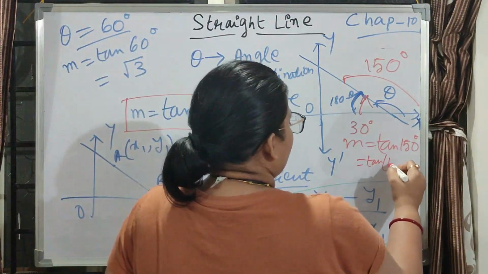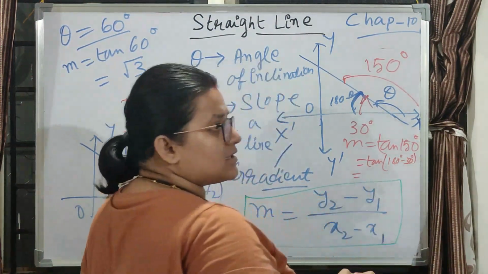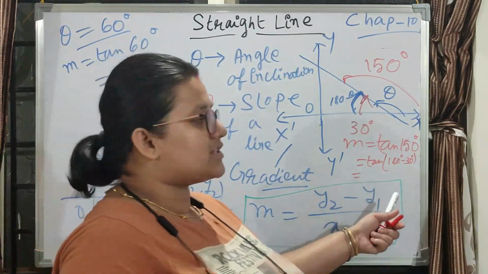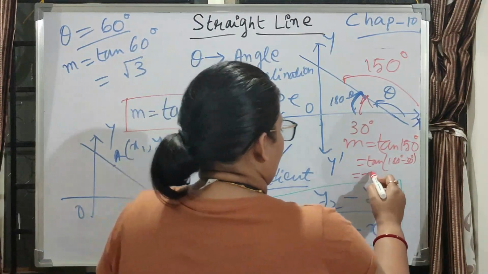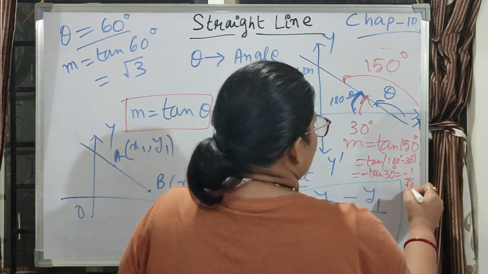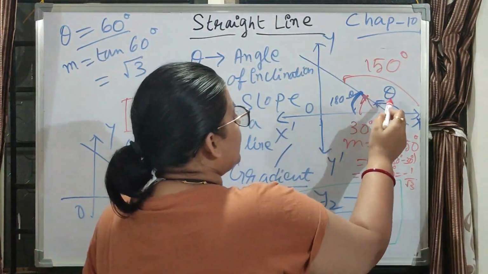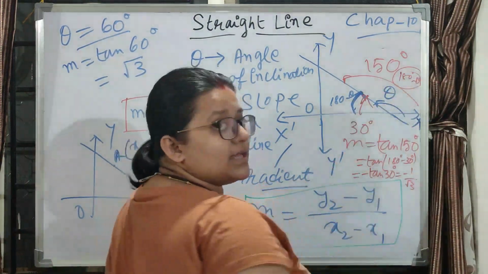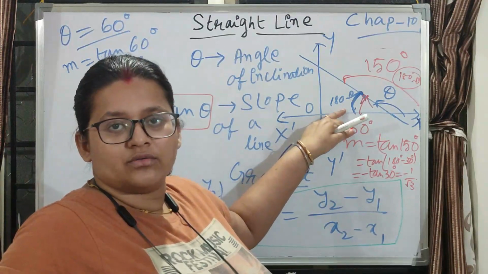Tan of 180 minus 30 degree. We know this basic trigonometry. 180 minus 30 degree is in second quadrant, tan is negative. Minus tan 30 degree. This value is minus 1 upon root 3. So be careful in exam. If this angle is provided, you need to do 180 minus that angle. If we take the slope for this angle, it will be wrong.